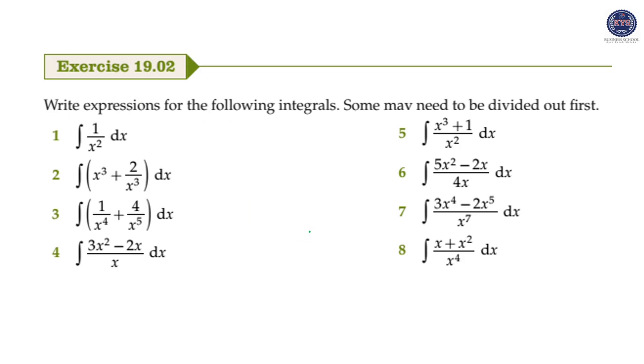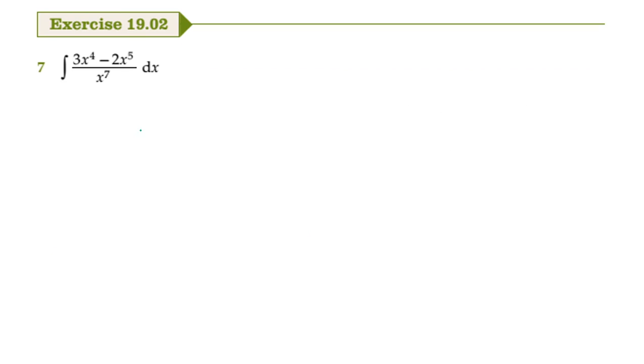Okay. Alright, moving on. Okay, at this time, some may need to be divided out first. Okay, I choose one question, number 7, from this 19.02. Okay, what you can do here is, you have to split your denominator into two parts.